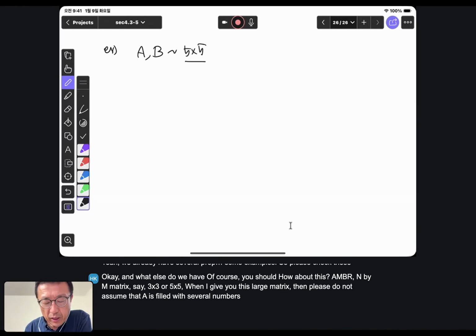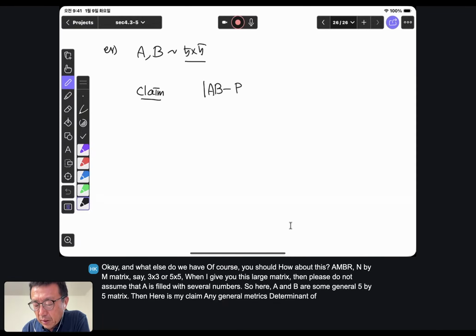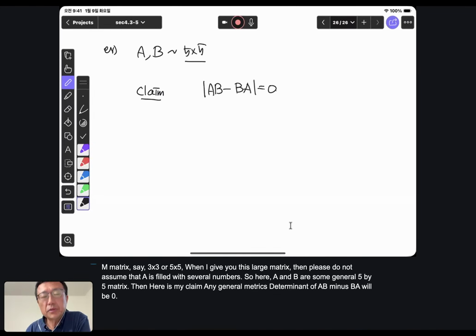So here A and B are some general 5 by 5 matrices. Then here's my claim. For any general matrices, the determinant of AB minus BA will be 0. Is it true or is it false?